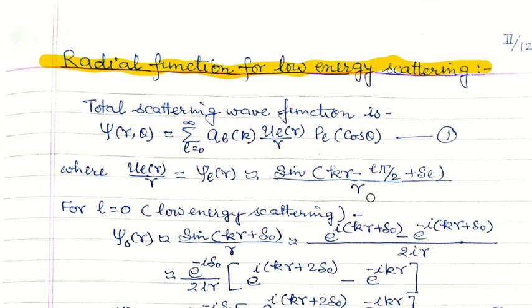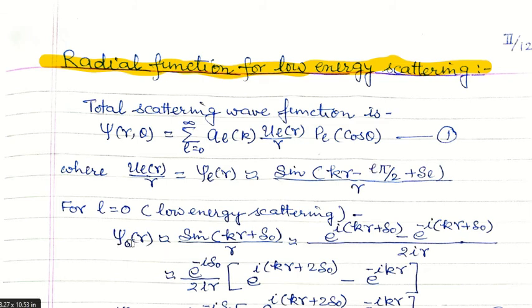Now we have to evaluate this radial wave function for low energy scattering. For low energy, the value of L is equal to 0, because when the energy of the incident neutron is low, it is called S wave scattering, and for S wave scattering the value of L is 0. So for L equal to 0, let us put the value of L here and here.